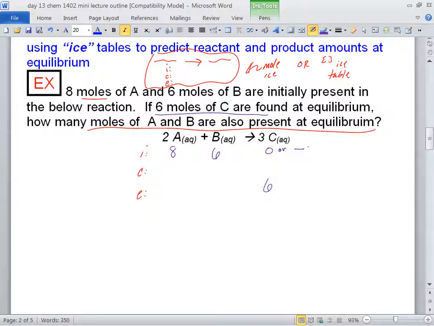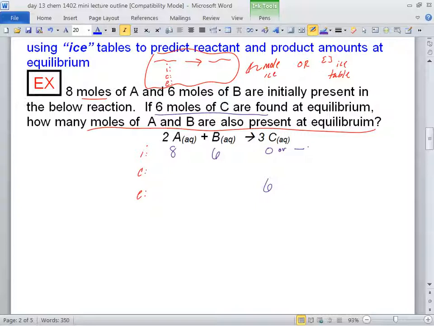The change row, Steph. Now, when we're solving problems, we can use a lot of different variables, but whenever you're solving for something, people usually pick what variable? X. X is just what people like to use, so we're going to use X too. What's the change under A?